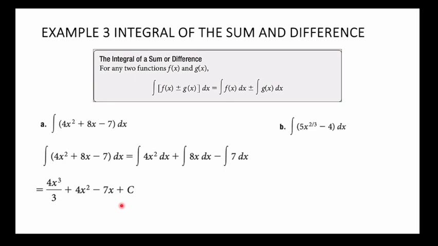Let's look at part B. So we have the integral of 5x to the 2/3 minus 4 dx. Because this is a power function, we're going to use the reverse power rule that we used for derivatives. So I'm going to add 1 to 2/3.